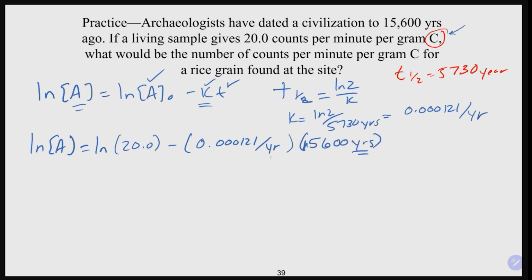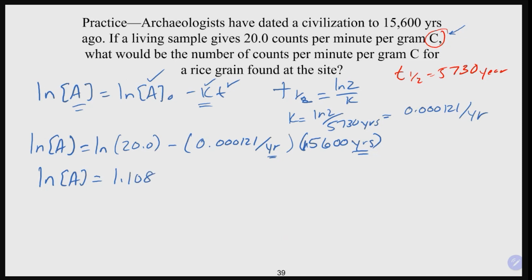We're okay in terms of units. Again, we have them in the same unit, so that is always a thing that you want to look at. So we're going to do the natural log of 20, hit equals, minus, open some parentheses, 0.000121 times 15,600. Going to hit equals.